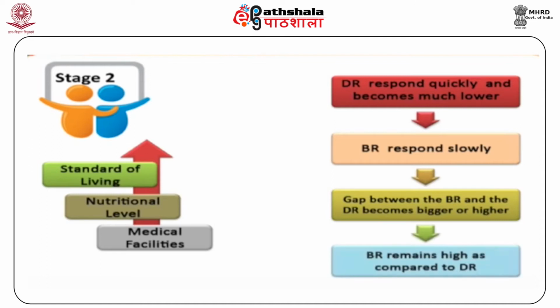Both birth rate and the death rate may be falling simultaneously at this stage, but birth rate remains high as compared to death rate. Around 1921, India must have entered this second stage of DT.